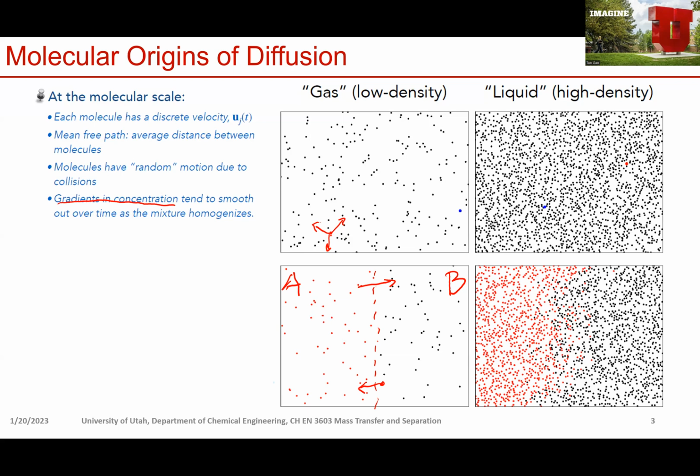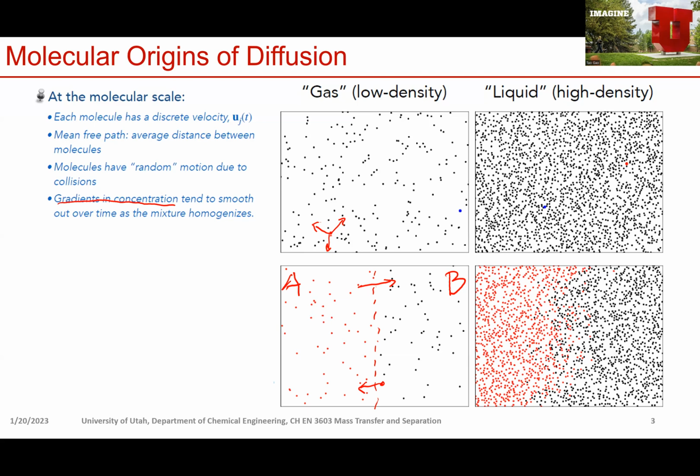So then you don't have an equal amount of flux in both ways. You have a higher flux moving from left to right. You have a small flux moving from right to left.